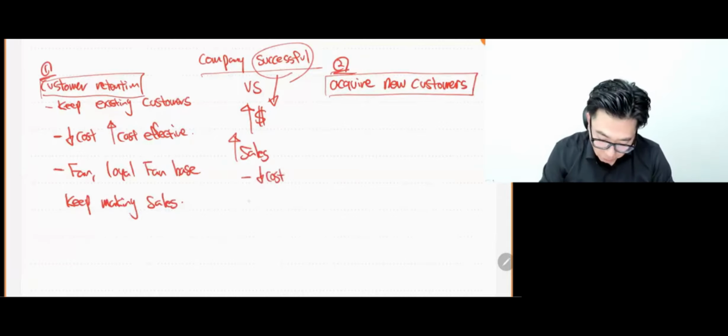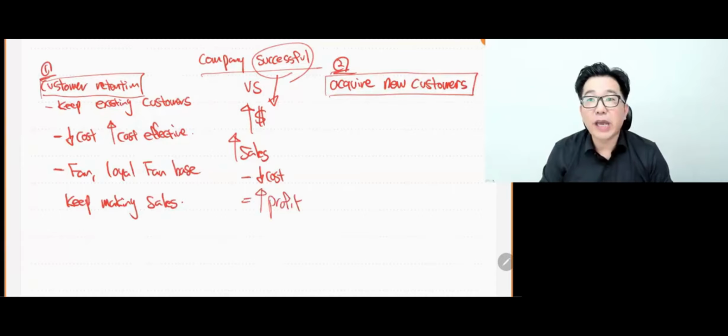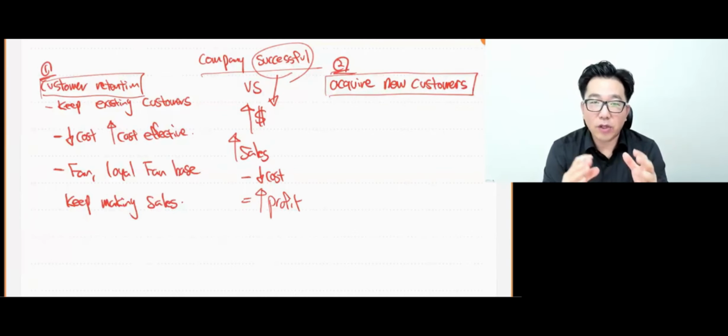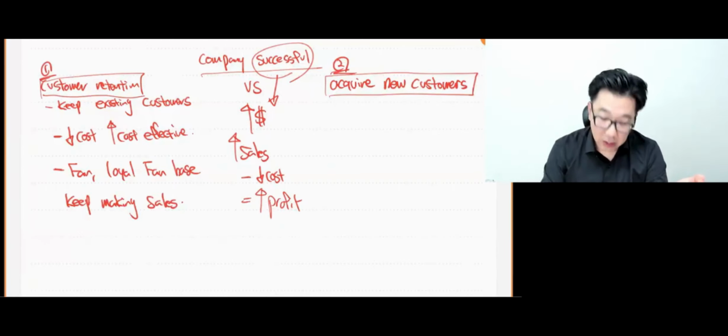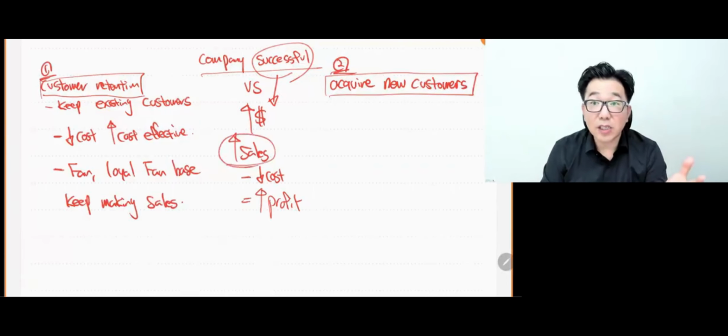But first and foremost, one thing you cannot get away with when you consider a company to be successful is, it's common sense, you have to sell more of the products or services that the company is offering.